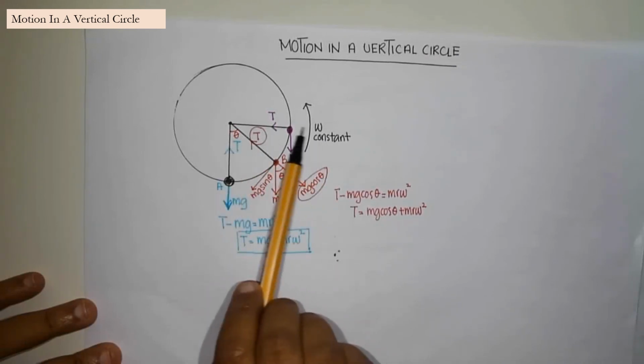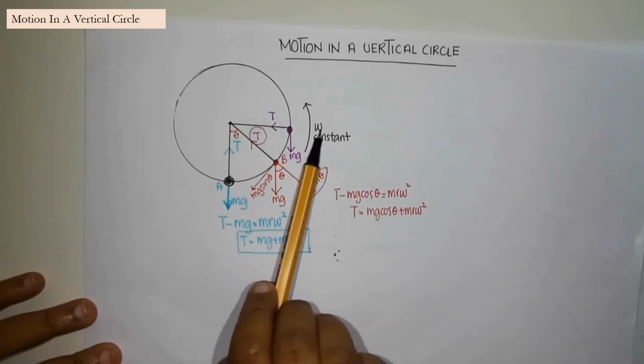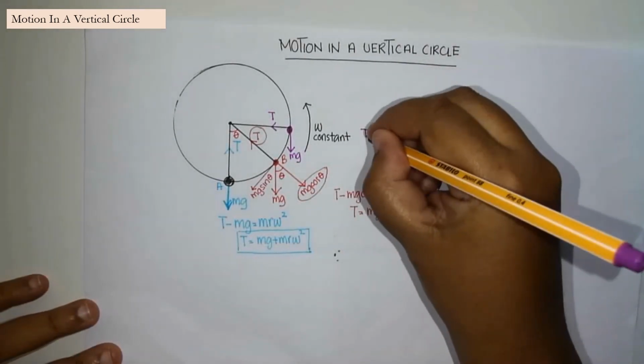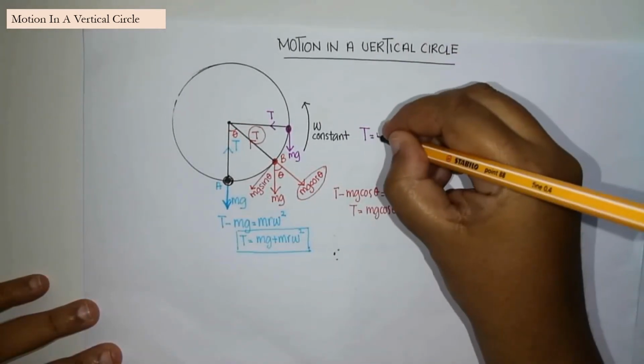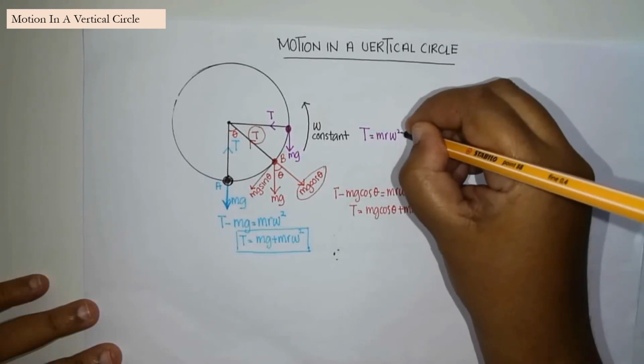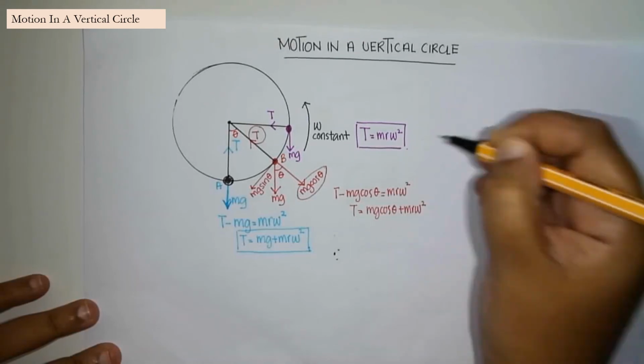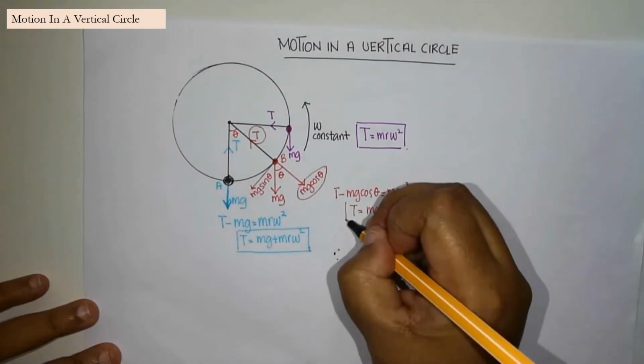Okay, towards the center is only what? Is only tension. Okay, so the formula will be the resultant force T is equal to mr omega square. This one I just put like this.